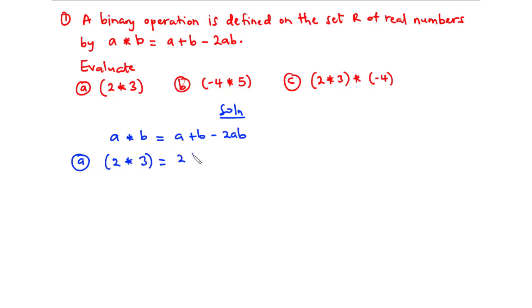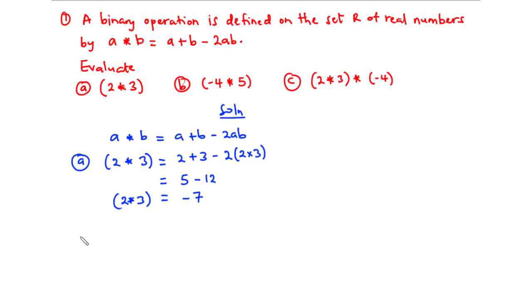We have 2 plus 3 minus 2 times 2 times 3. Now let's simplify. 2 plus 3 is 5. 2 times 2 is 4, times 3 is 12, so we have negative 12. 5 minus 12 is negative 7. So given that A star B is equal to A plus B minus 2AB, if we perform the operation on 2 and 3, then we have 2 star 3 equal to negative 7.